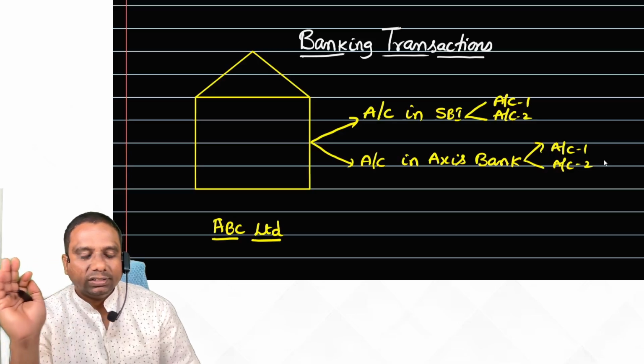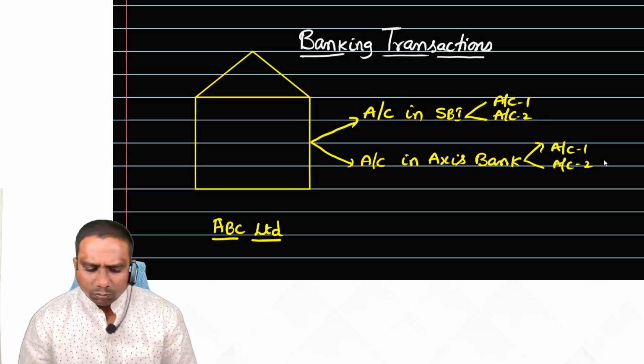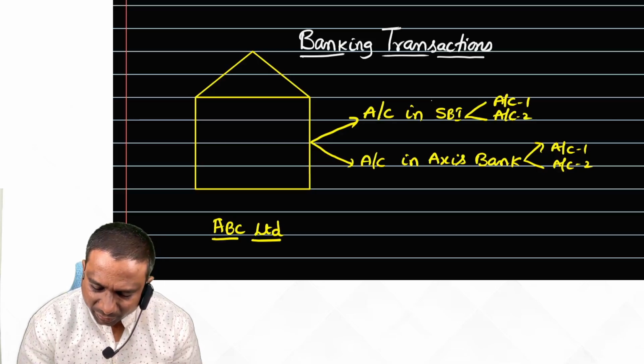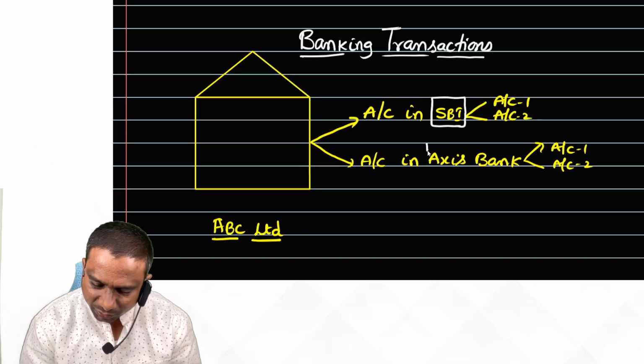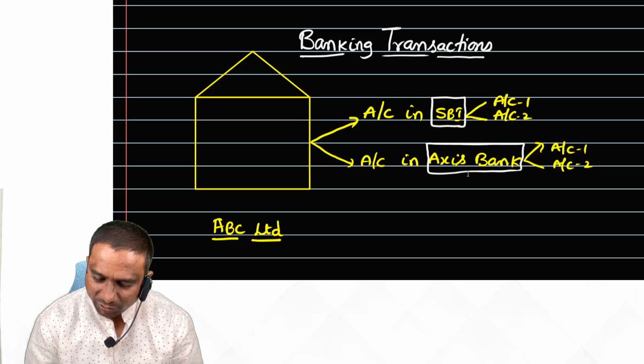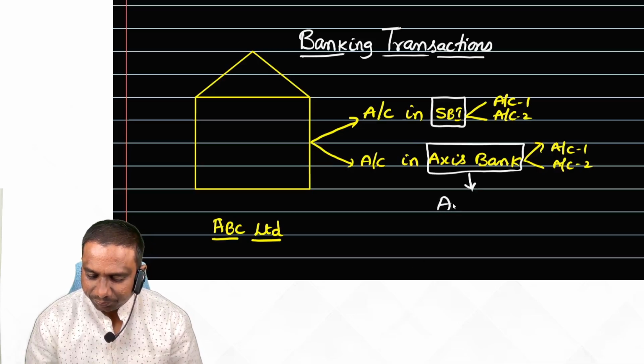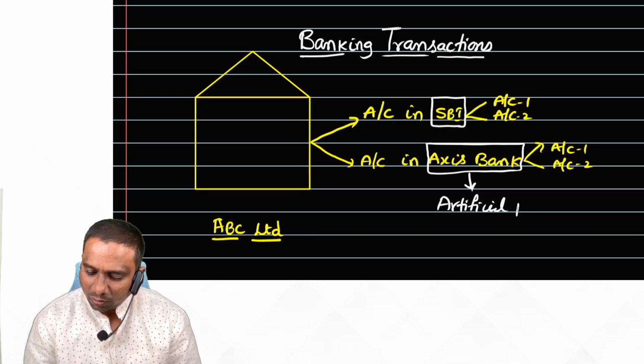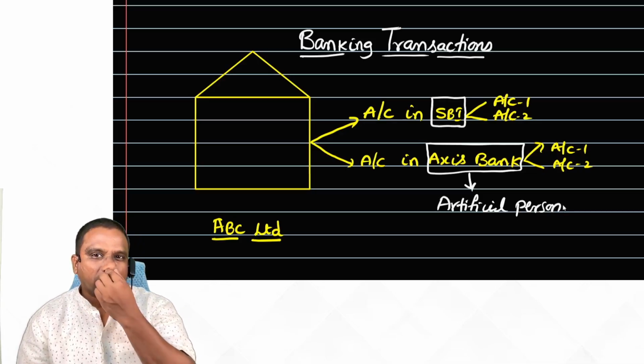Yes or no, students? Yes. Now generally, bank is considered as artificial person. Bank is considered as what? Artificial person. Because the bank is an outsider.